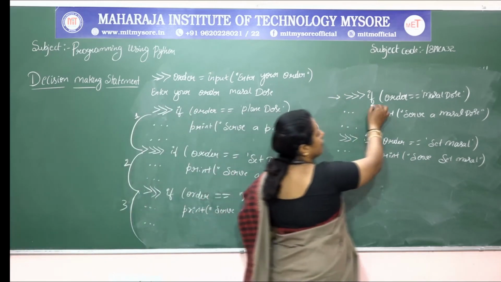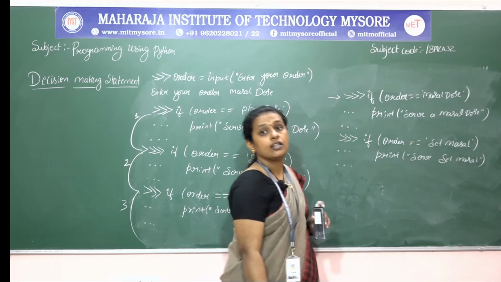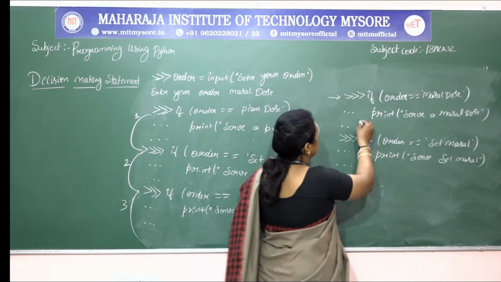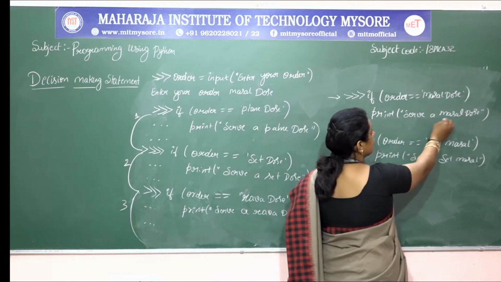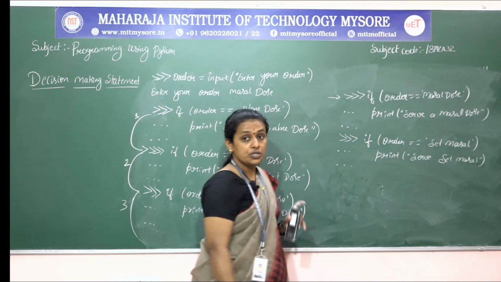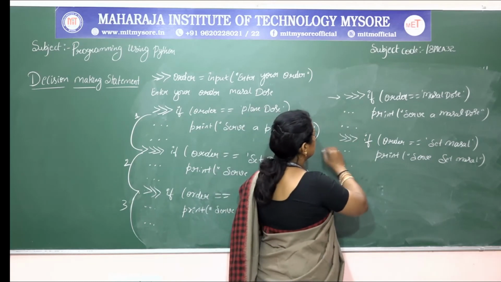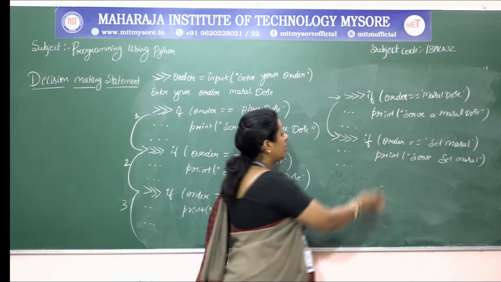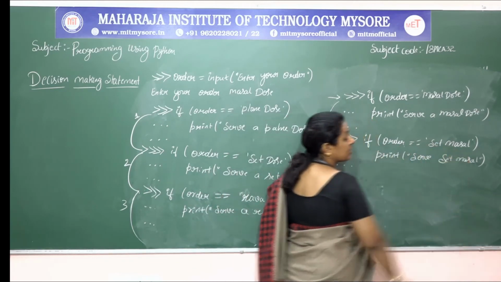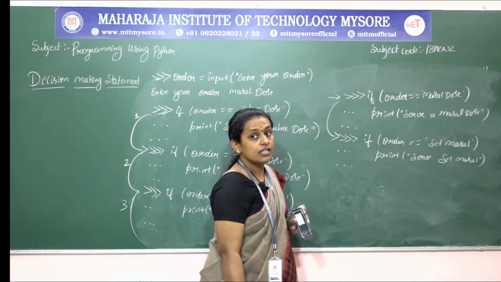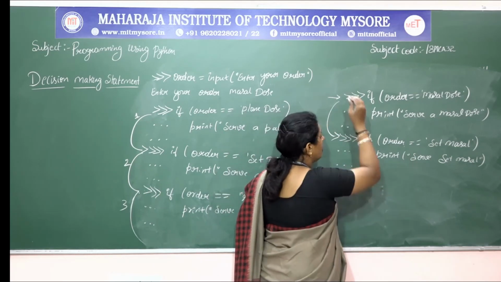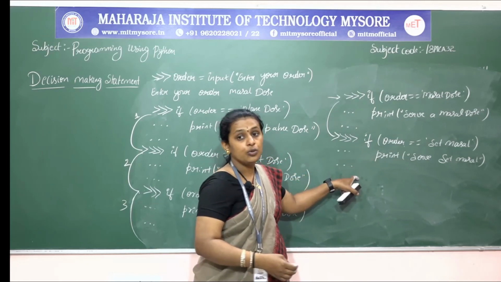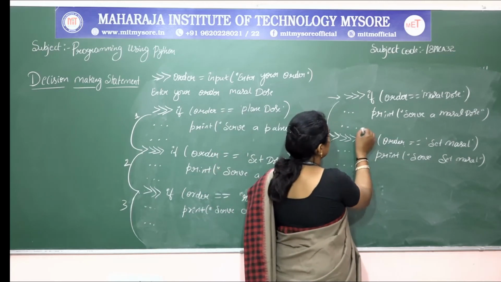If order equal to masala dosa, yes, we have ordered masala dosa and it is going to print serve masala dosa. Then it is going to check this also. If order equal to set masala, no, we have not ordered set masala, but when all these conditions are executed, in the meantime we will get the output as serve masala dosa here itself.